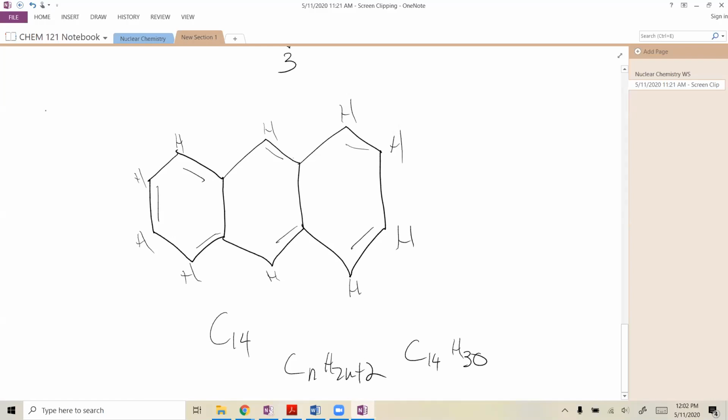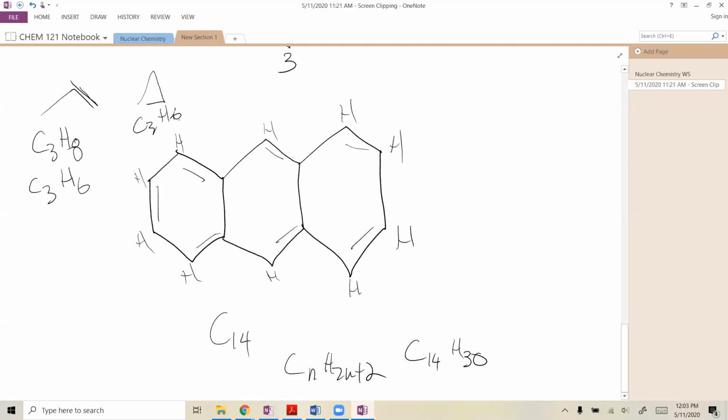Right, so if we have propane, that's C3H8. If we add in the one double bond, that becomes propene, and we have C3H6. Every time you add in a double bond, you basically remove 2 hydrogens. The same thing for a ring.